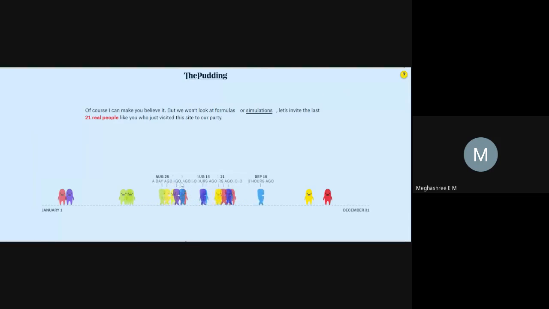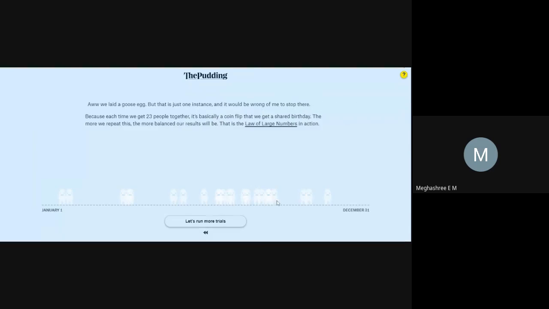You can see their birthday dates are all different. Here, it's the same one. The birthday date is shared here.